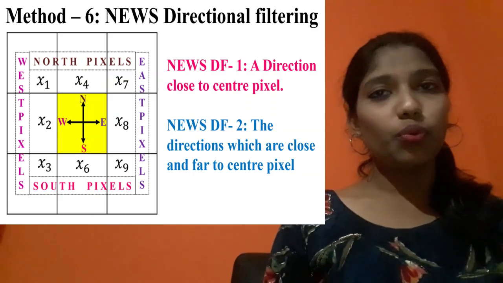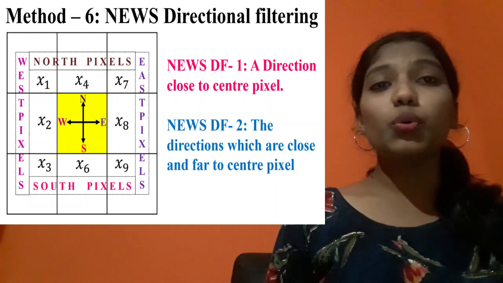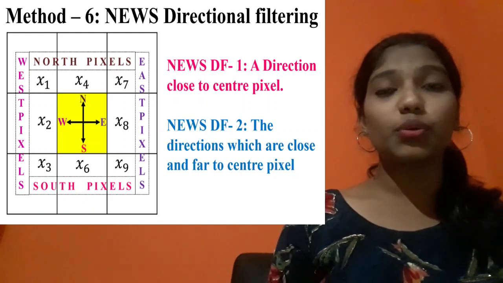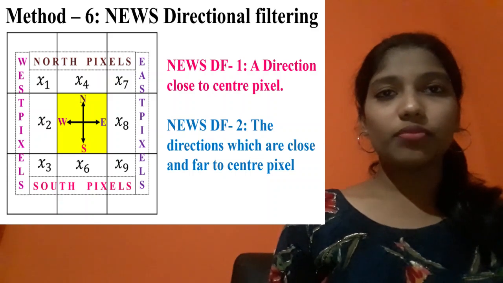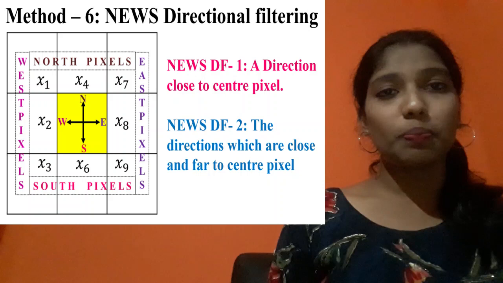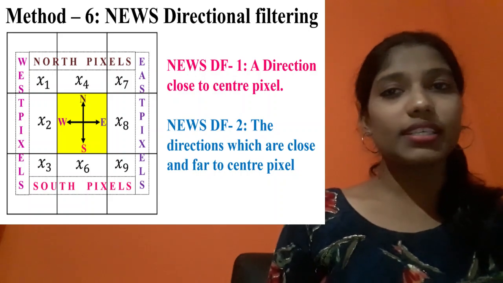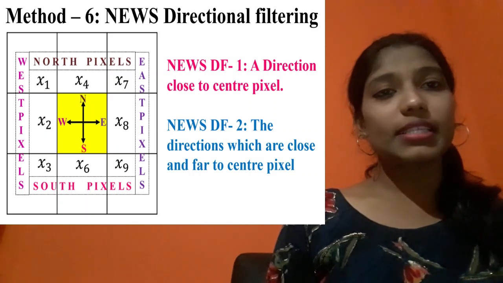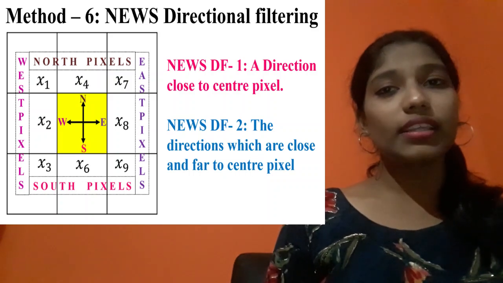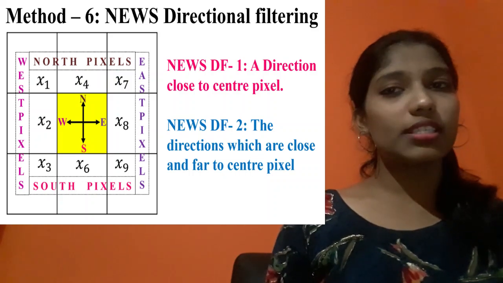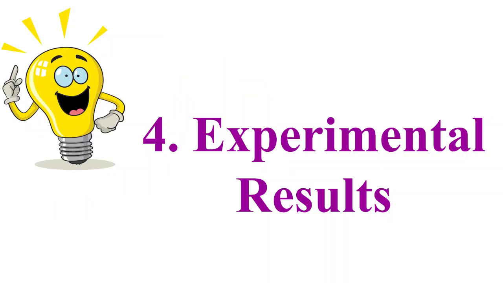In version 2, we find 2 directions which are close and far to the center pixel. Then we find the median of both close and far direction pixels and replace the center pixel with it. We apply this method separately for all 3 components of an image. This way our proposed system is going to work.